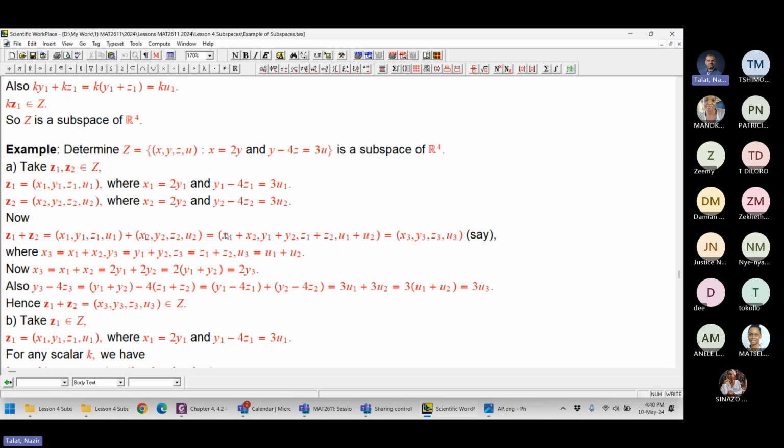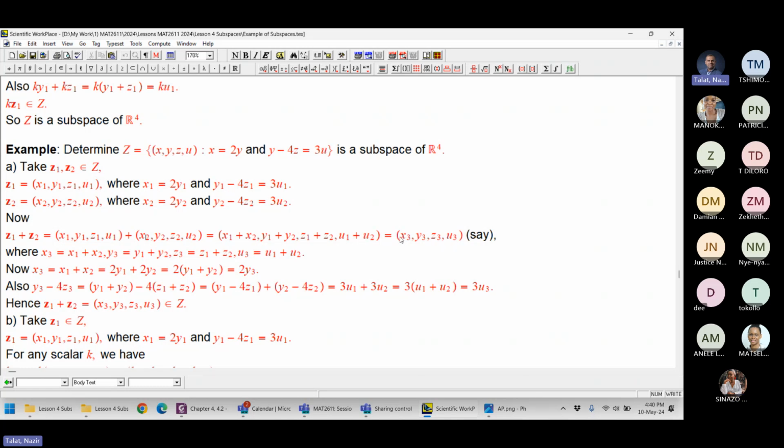Now let us say x1 plus x2 we call x3, y1 plus y2 we call y3, because these are real numbers and the sum of two real numbers is a real number. Similarly z1 plus z2 we call z3, and u1 plus u2 we call u3.